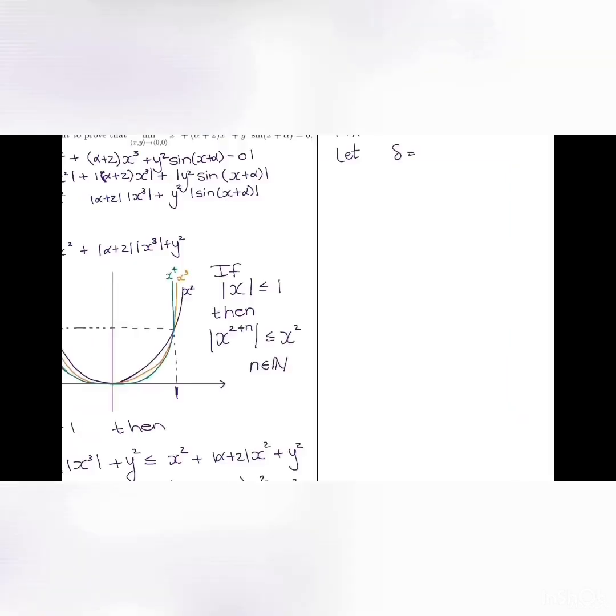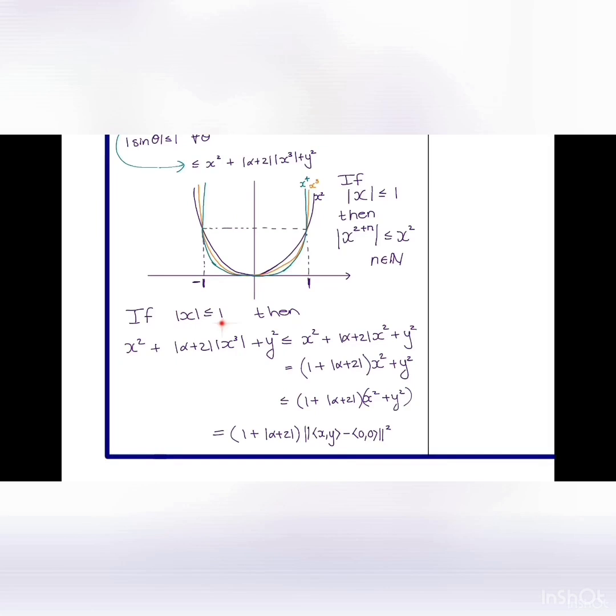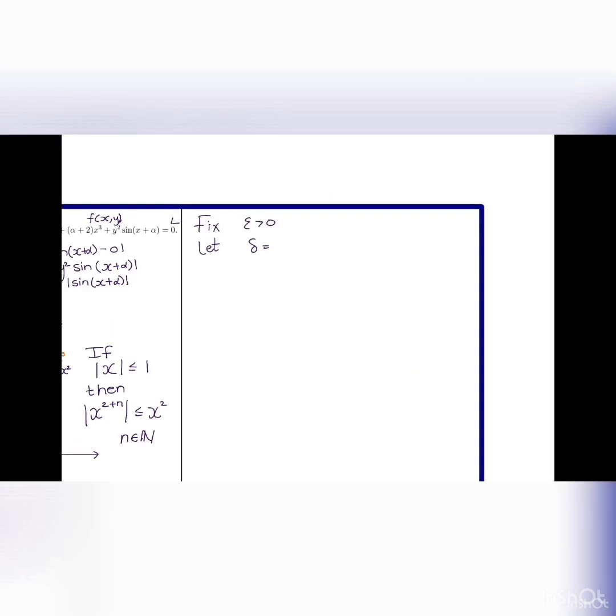So let delta be equal to, now, because we restricted this x over here, our delta needs to make sure that this is satisfied. I'm going to restrict delta to be the minimum of 1 and something else. I'll show how that minimum makes my x valid.